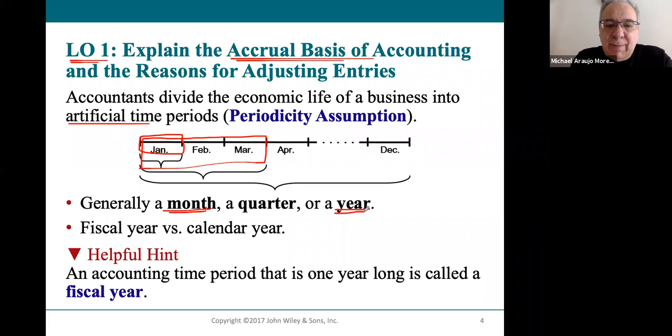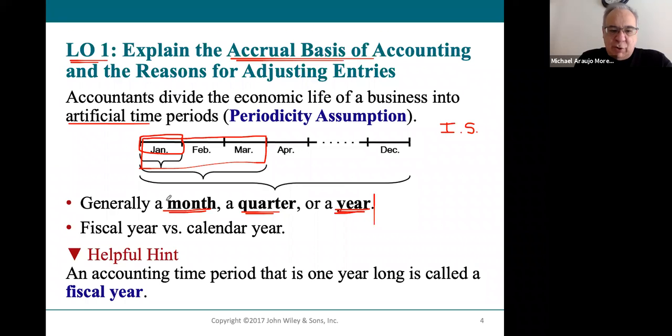Now, what exactly do we measure every month, every quarter, every year? Well, we measure our profit and loss. In other words, we create income statements, which means looking at revenue and expenses on a monthly basis, again on a quarterly basis, and on a yearly basis. We do not measure profit and loss longer than 1 year.